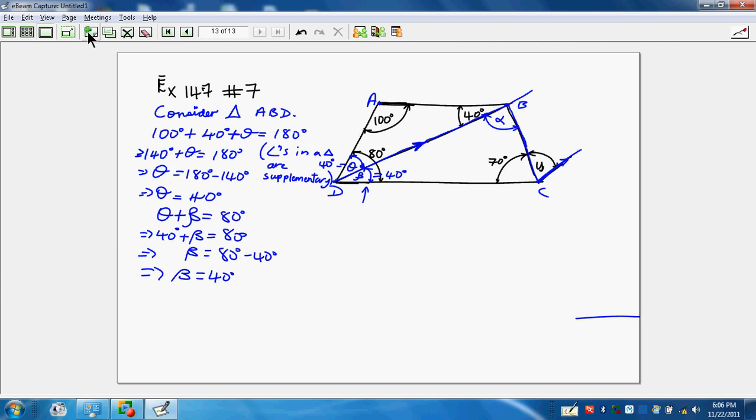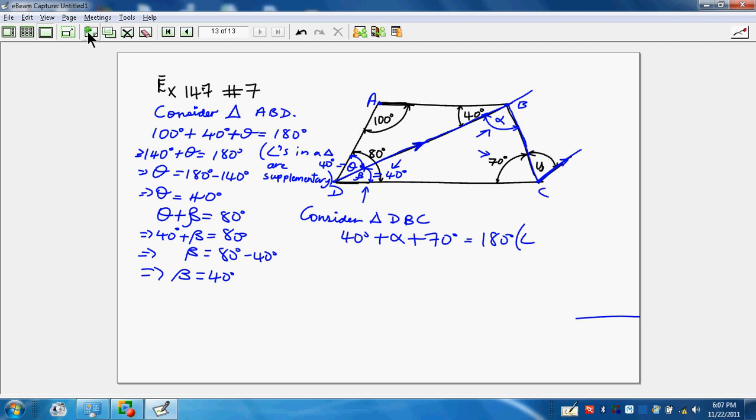The next thing we could say is if we consider the triangle DBC, have a look at the DBC, and we add the angles in that triangle together, in other words 40 degrees, which is angle beta, plus angle alpha at the top, plus 70 degrees, must be equal to 180 degrees. 40 plus alpha plus 70 must be equal to 180 degrees.